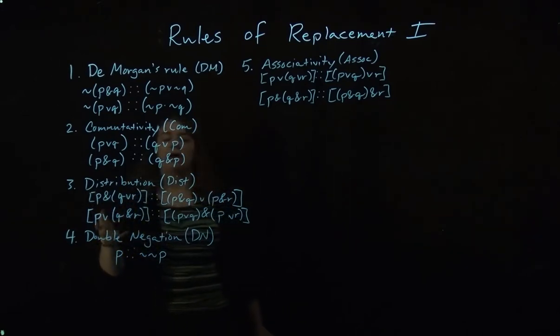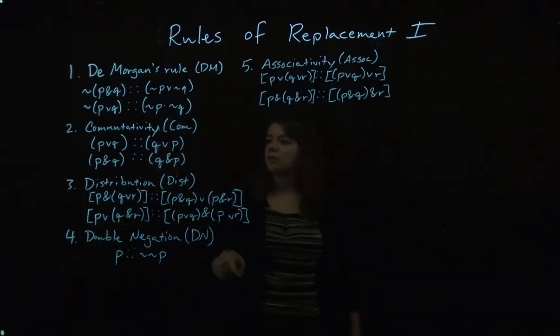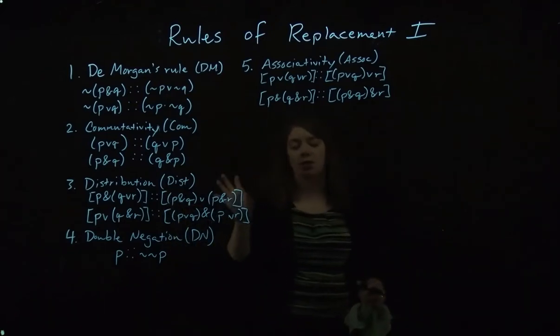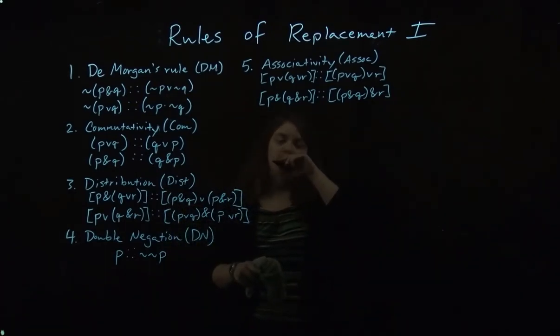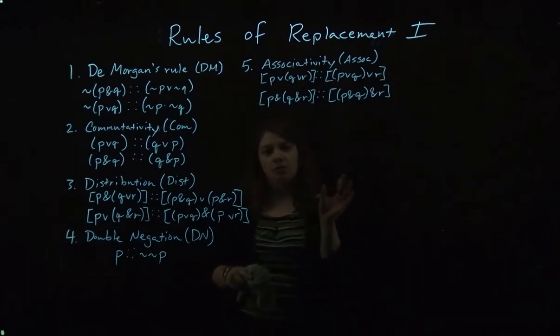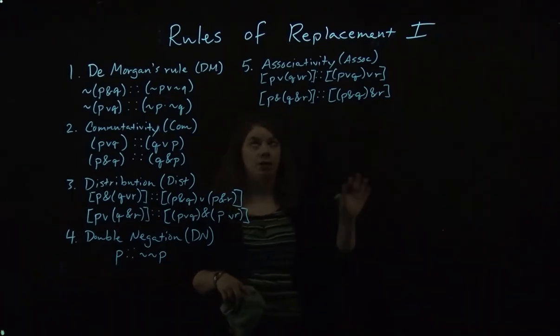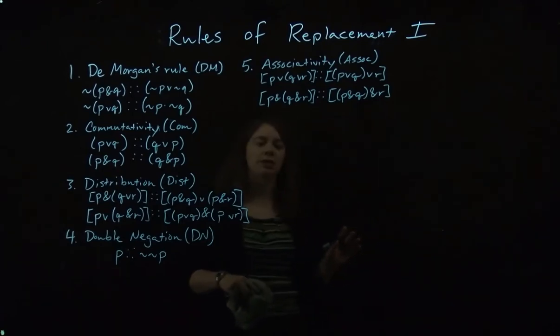So you might wonder why you would ever need to use the rule of commutativity. It's kind of a hard one to say. For instance, there are certain real formalities that we didn't really go over in the rules of implication, but we can talk about them now that we have these rules of replacement.